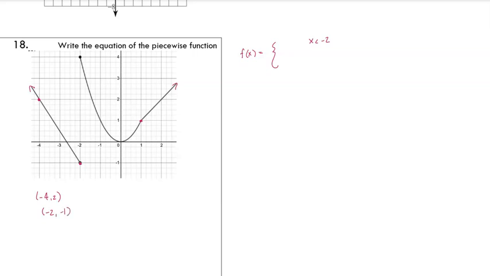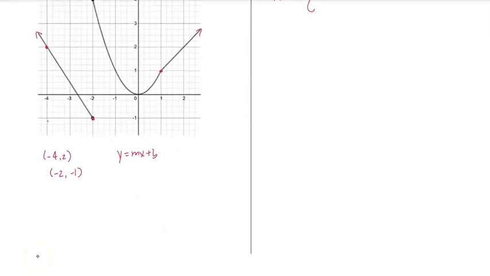And remember how to find equations between 2 lines using those 2 points. So y equals mx plus b. Gotta find slope. Remember, slope is y sub 2 minus y sub 1 over x sub 2 minus x sub 1.